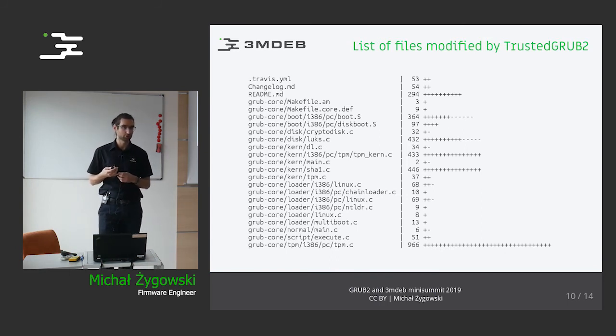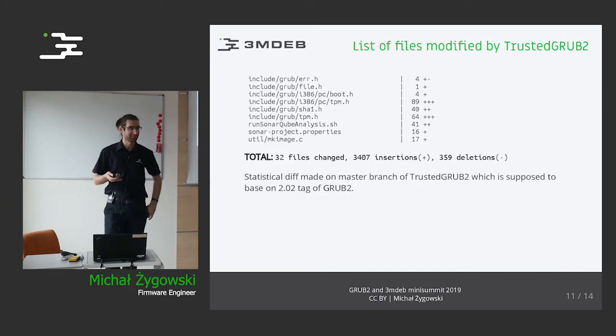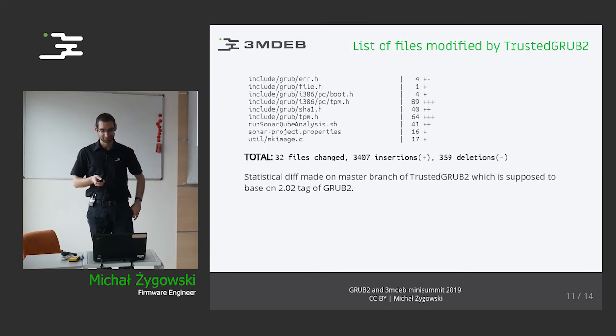But due to the restrictions of the master boot record, that it has to hold, for example, the partition layout, it was necessary to remove floppy disk support, for example. Floppy disk is not used nowadays. And some header files also, which I think were unavailable. So in total, 32 files changed, 3,400 lines of insertions, and almost 360 deletions.